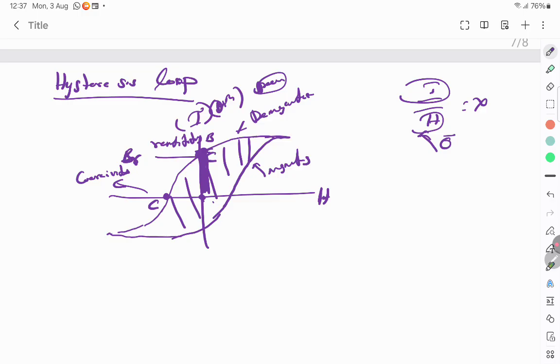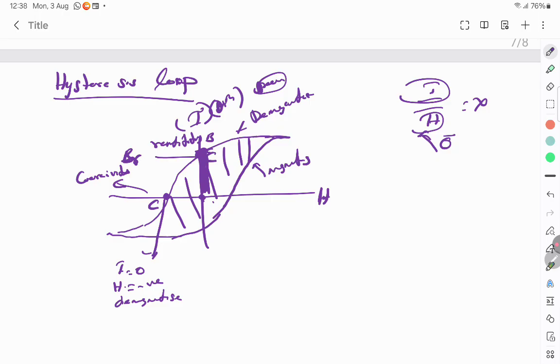That's what is coercivity: a reversed external field applied to completely demagnetize. So this is the point when it's getting completely demagnetized. It's losing complete magnetism. I is becoming 0, and at this point H is becoming a negative value. That is the point of demagnetization of the substance, when you reverse the field.